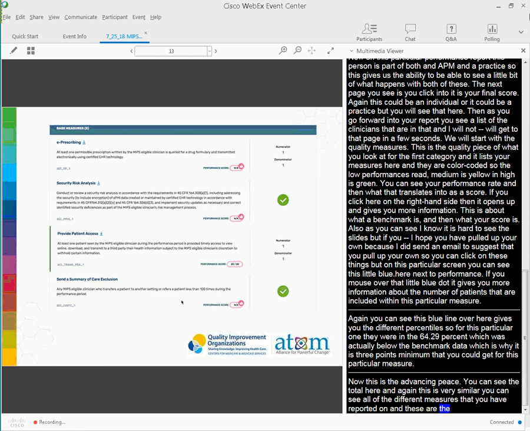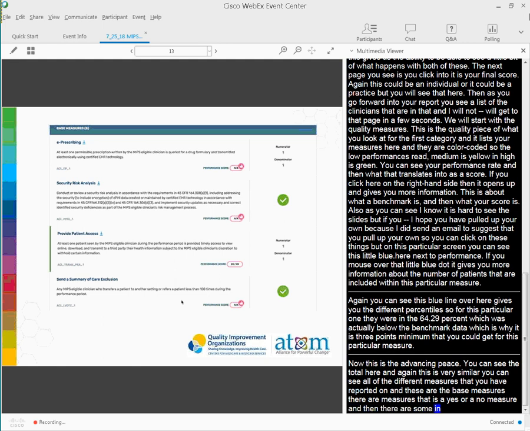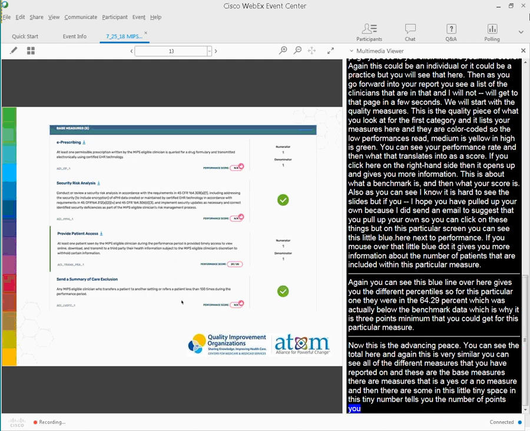The green mark is a measure that is a yes or no measure. Then there are some where, with this little tiny number where my mouse is, it tells you the number of points you got for this particular measure right here, providing patient access.